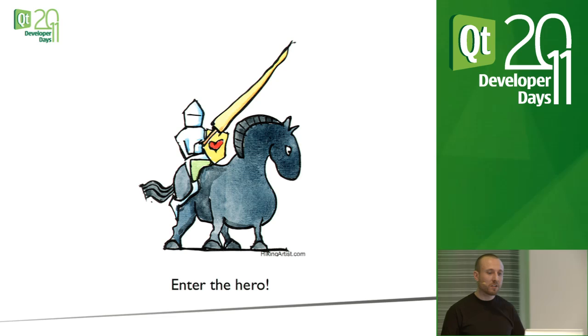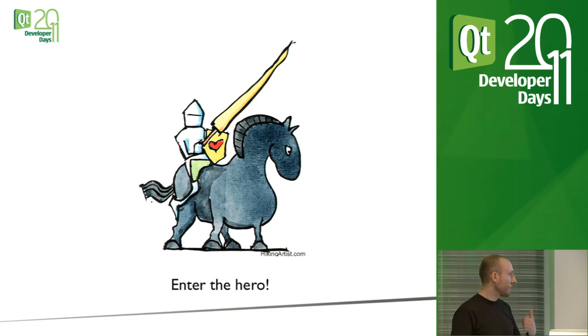Because I want to talk about actually not just one hero, but two heroes. There are two developers in Oslo that work for Qt that are sort of the quiet type of developer. They're not bragging about themselves or their work. They're both extremely good developers, but they're not very visible.